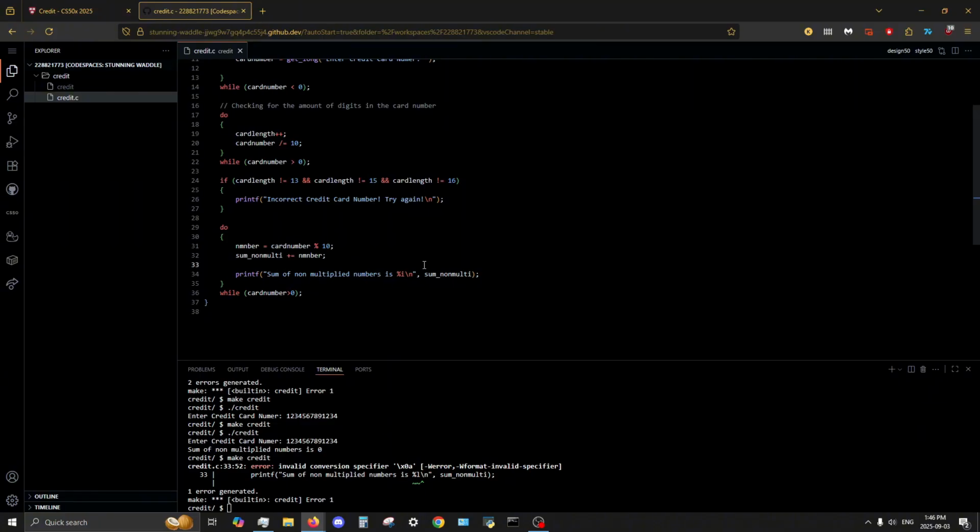So I need to reduce the actual length of the card number. No, 10% is going to give me the last number. Divided by 10 is going to actually reduce the number.